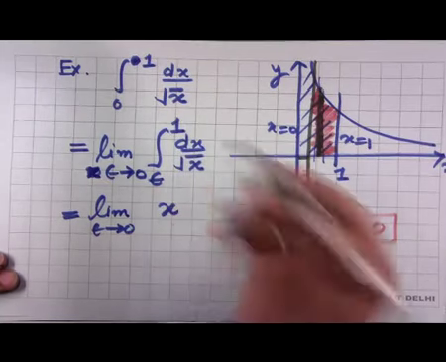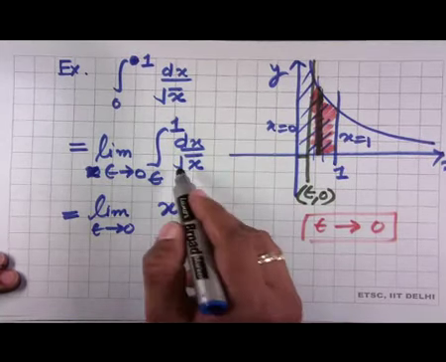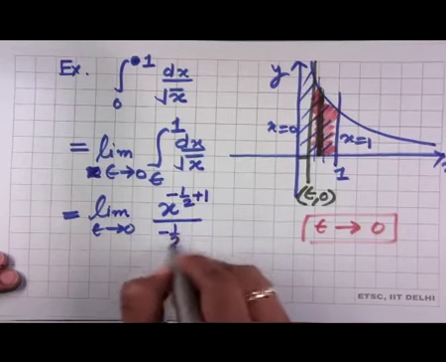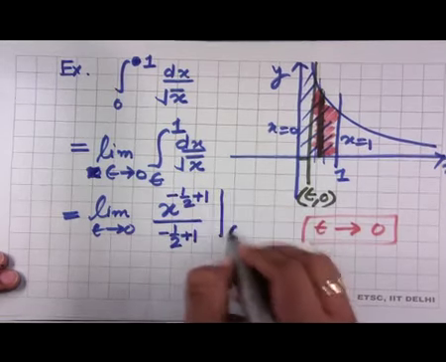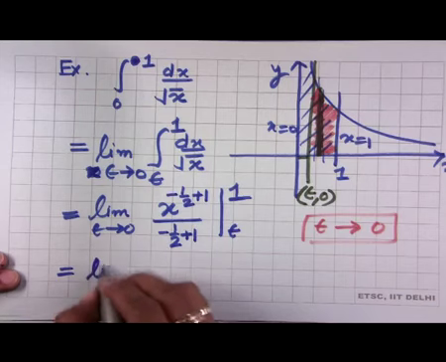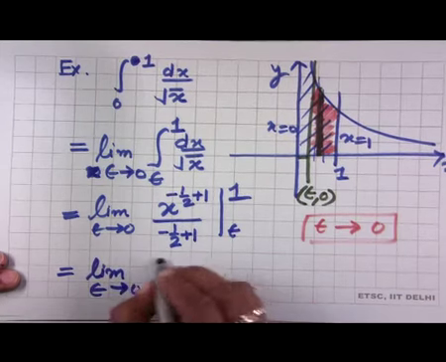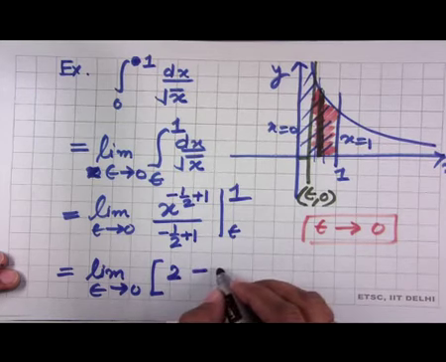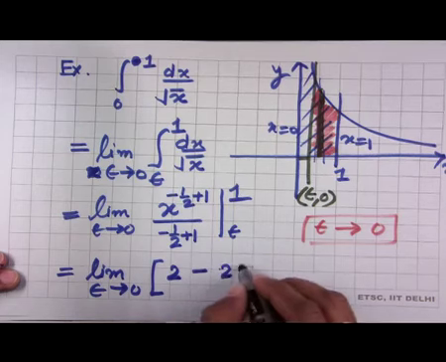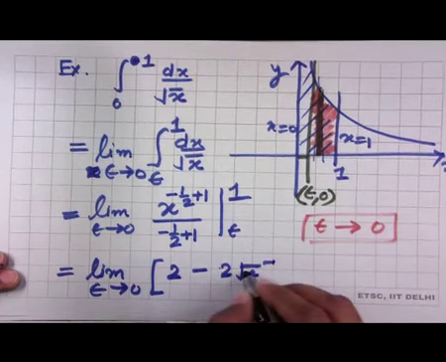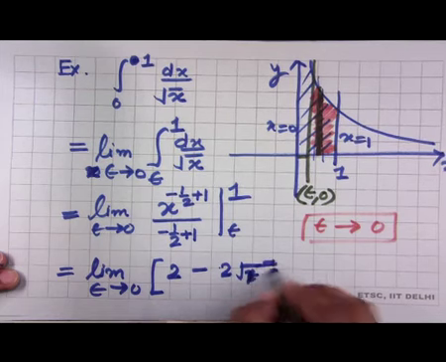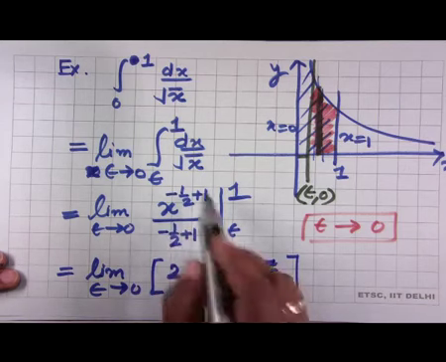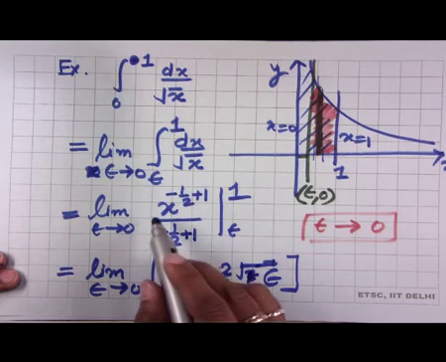Now, 1 by root x is continuous on the closed interval epsilon to 1, so you can apply the fundamental theorem of calculus, and then you can write the value from epsilon to 1, which gives you 2 under root x.